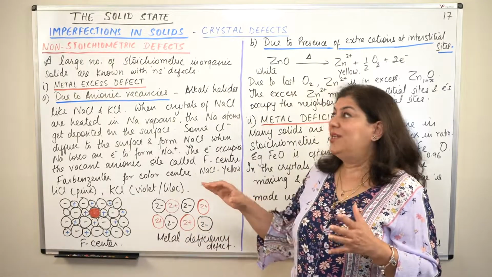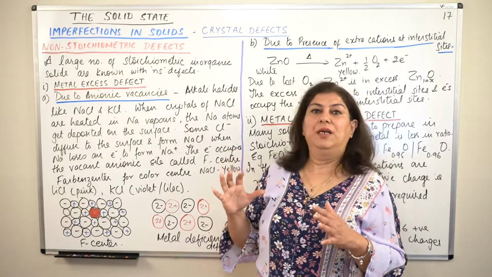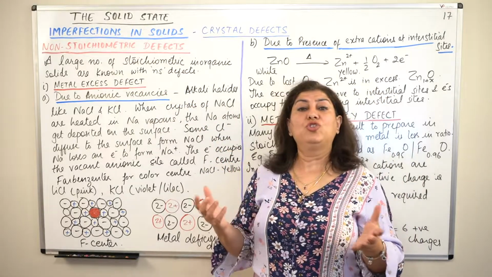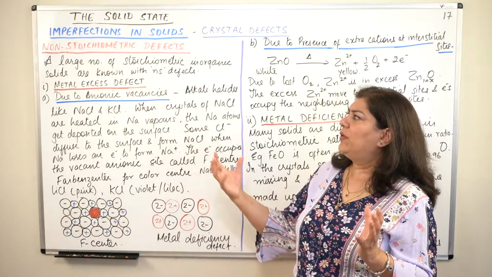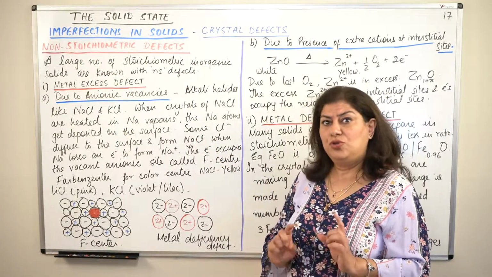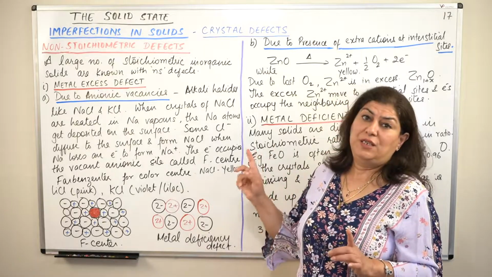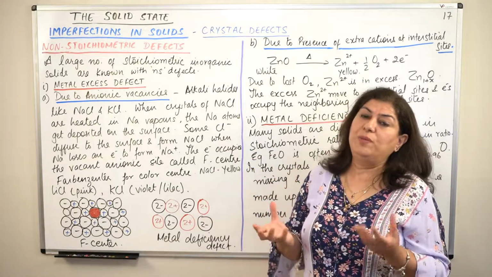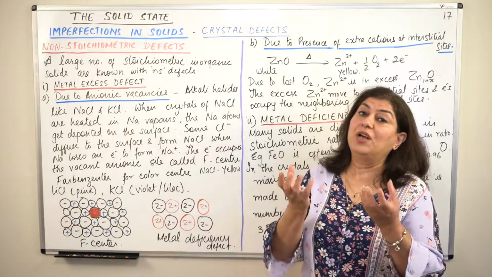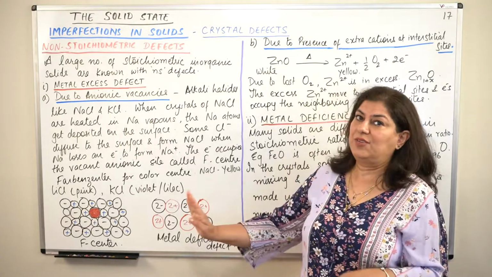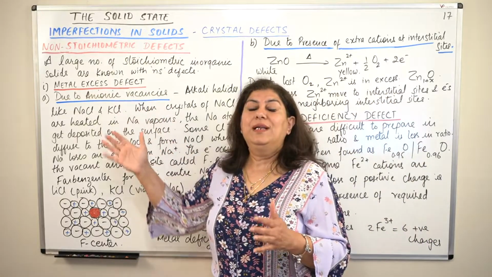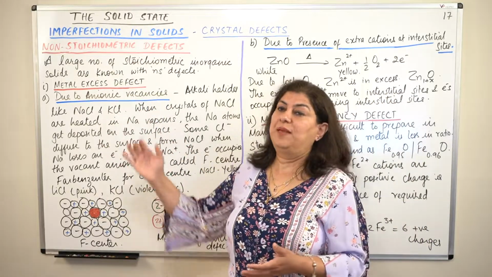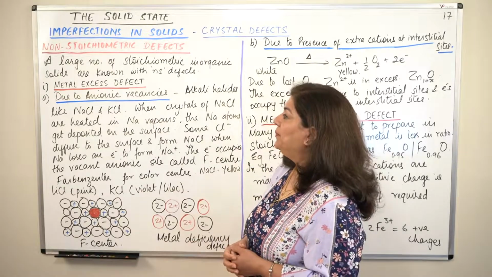So you can imagine that non-stoichiometric defects would also be very common. A large number of stoichiometric inorganic solids are known to be present in non-stoichiometric proportions, yet electrical neutrality is still maintained. You will understand how electrical neutrality is maintained as I explain the defects to you.